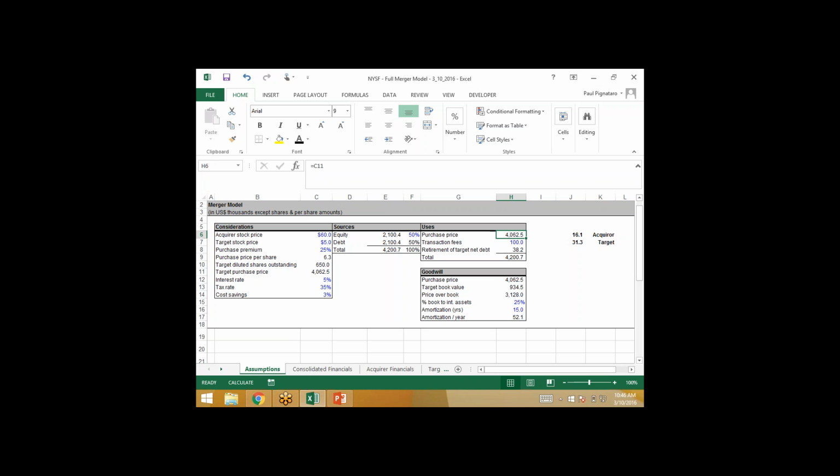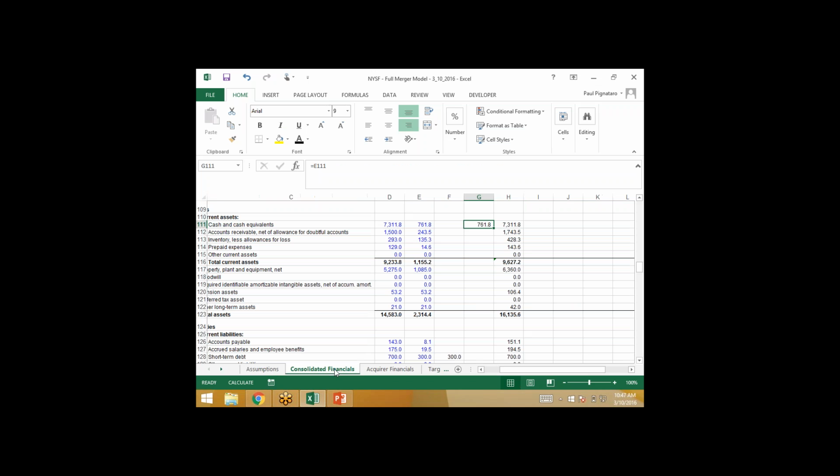Goodwill, intangible assets. Notice, in the Office Depot Office Max case, we'll build a more robust box that can handle all the purchase allocation categories we discussed before, deferred tax assets, write-ups and write-downs. But for simplicity here, we're going to assume, here's the price over book value. We're going to assume 25% of that will go to intangible assets. The rest is goodwill.